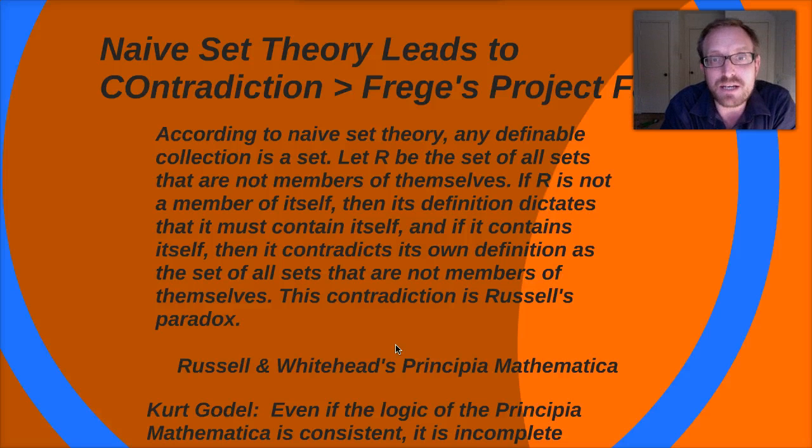And the question then becomes, well, wait a second. Then it must be that the definition dictates that it must contain itself, because now we're talking about R as the set of all sets that are not members of themselves. And if it contains itself, then it contradicts its own definition. This contradiction is Russell's paradox.